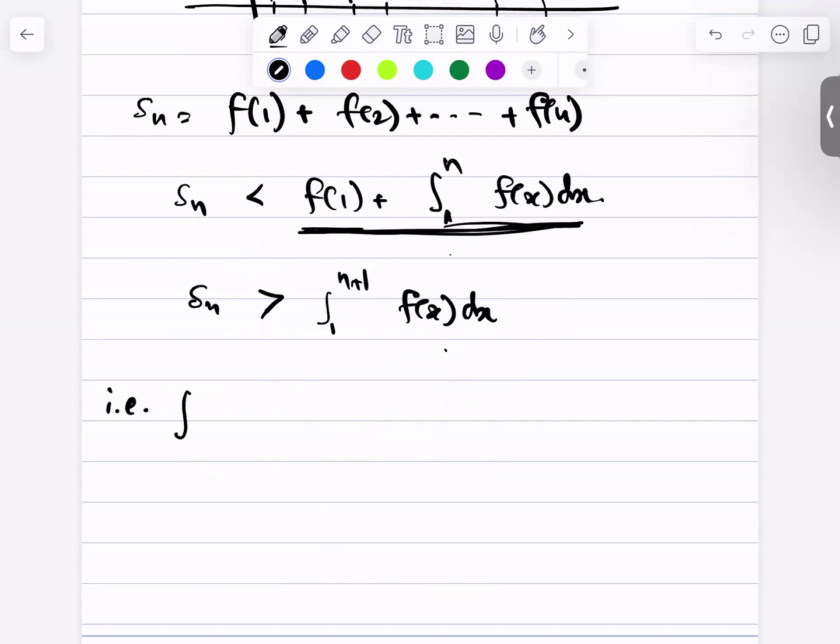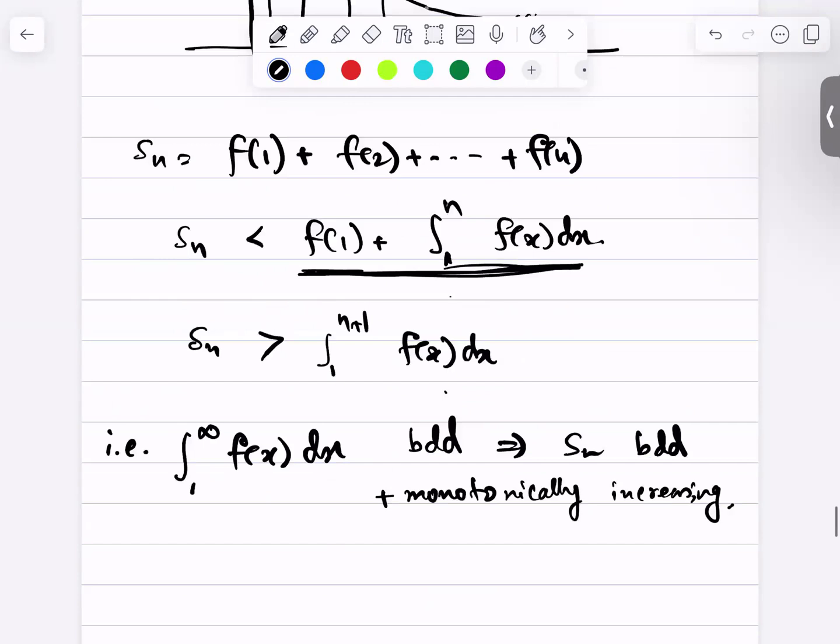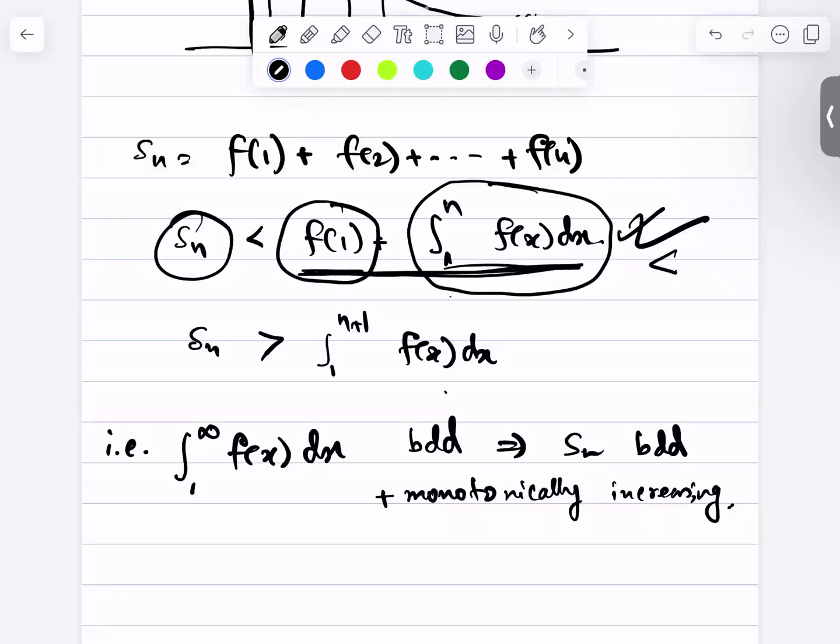So therefore, if the integral from 1 to infinity of f(x) dx is bounded, it implies S_n is bounded. Because if the integration is bounded, from this inequality, then this is finite as well as this. So therefore, S_n is also bounded by a finite number.